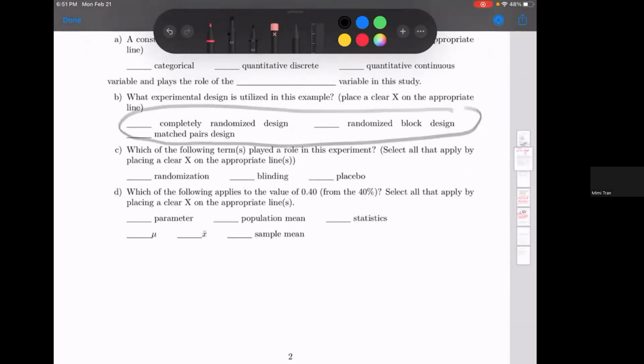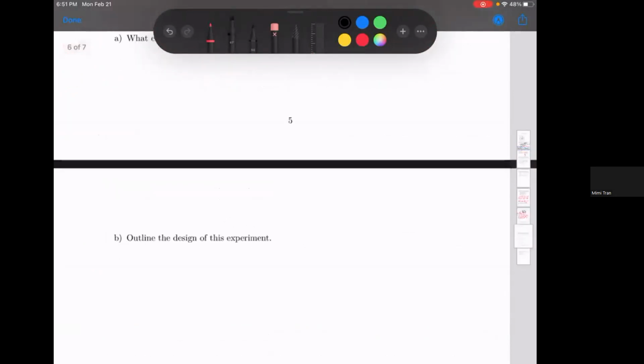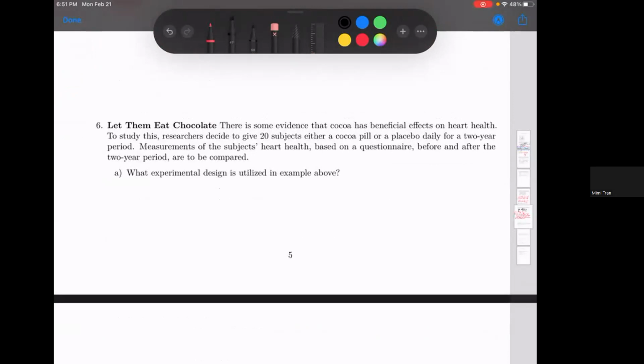So the answer is one of these three. Question 3. Don't look, try your best.